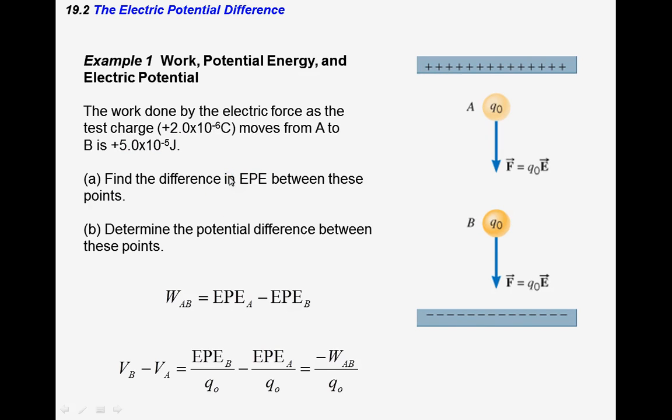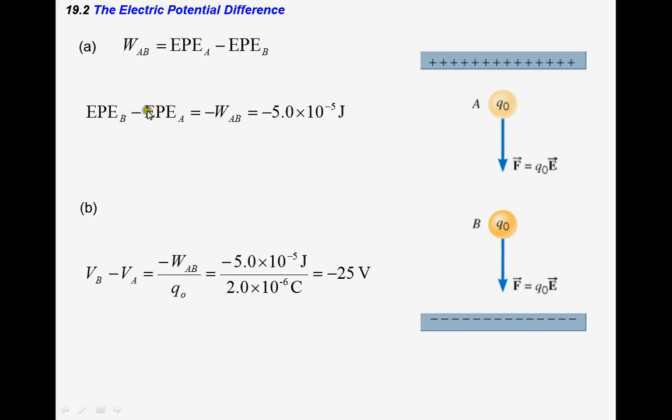So we have the work, we have the value of the charge, so the change in electric potential is work divided by the charge. So the change in electric potential energy, the work is negative 5 times 10 to the negative 5th joules.